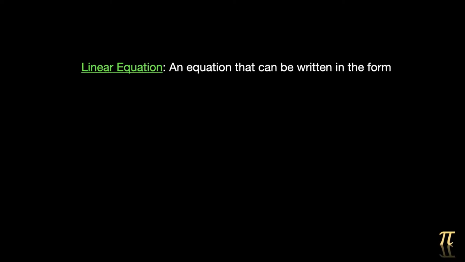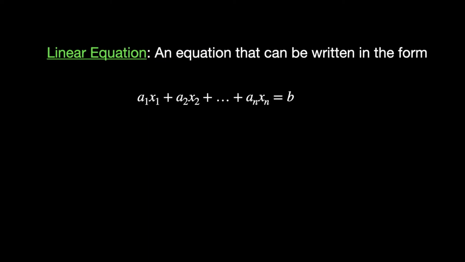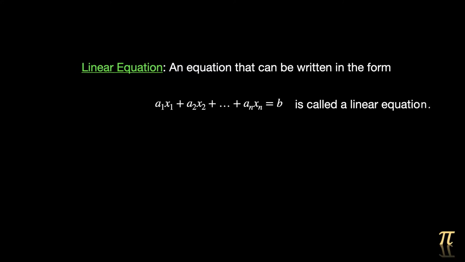An equation that can be written in this form: a1 x1 plus a2 x2 plus and so on plus an xn is equal to b is called a linear equation in n variables.